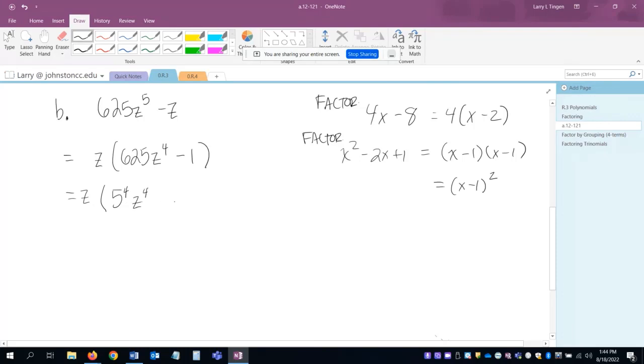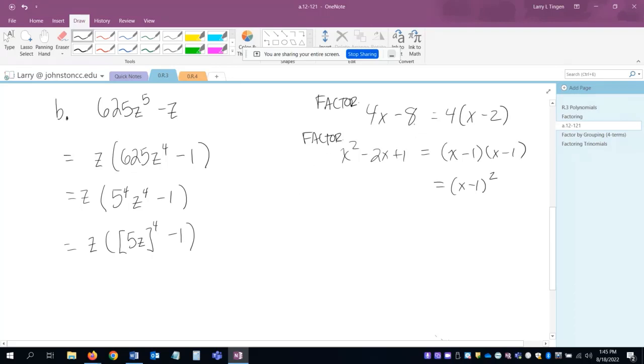Okay, so I got 5 to the fourth times z to the fourth minus 1. And then here are the two steps where I assumed confusion would reign supreme. I have two things to the fourth, so I can just rewrite them as factors raised to the fourth.